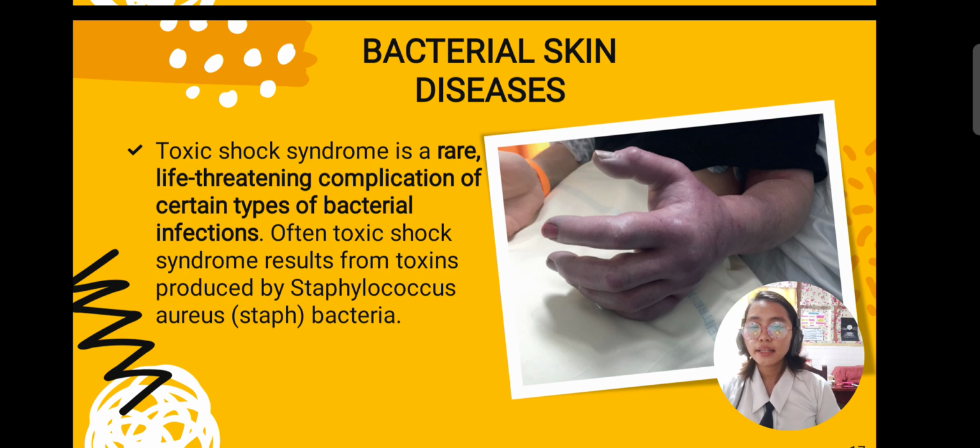Possible signs and symptoms of toxic shock syndrome include sudden high fever, low blood pressure, vomiting or diarrhea, muscle aches, and confusion.